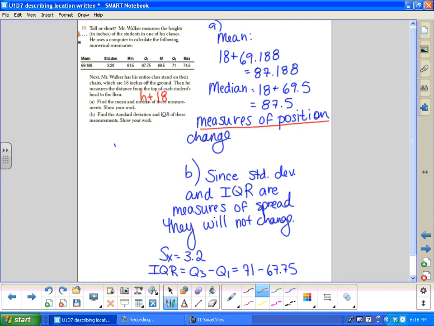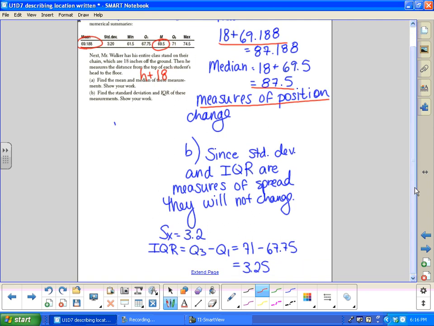So if I go back and look at those two sets of rules, then I know that both the mean and the median are going to change because when I add, measures of position change. So I take my mean, which is right here, and I add 18 to it. I get my answer. I take my median, which is right here, and I add 18 to it and get my answer. Easy enough. All right, so then it says find the standard deviation and the IQR of the measurements.